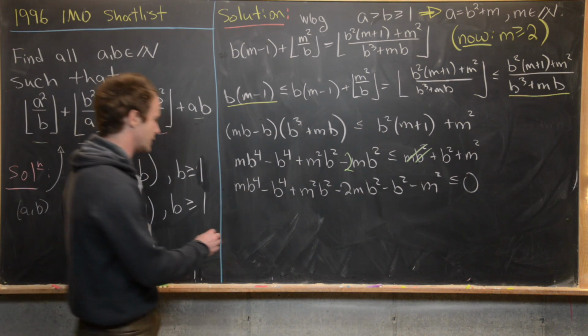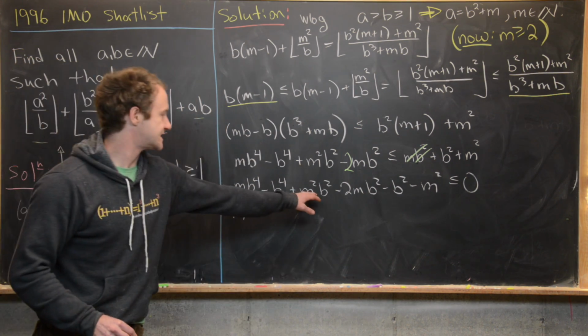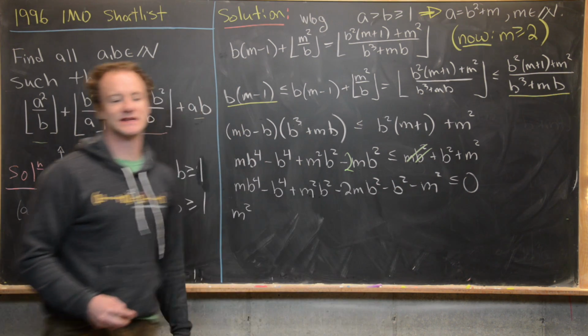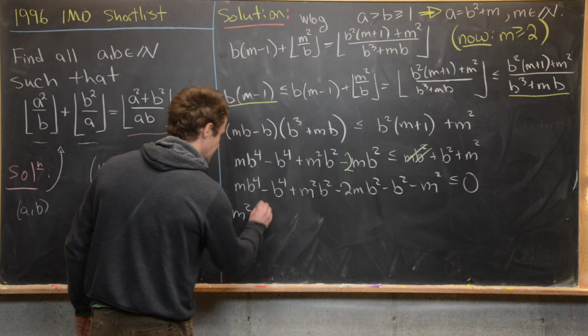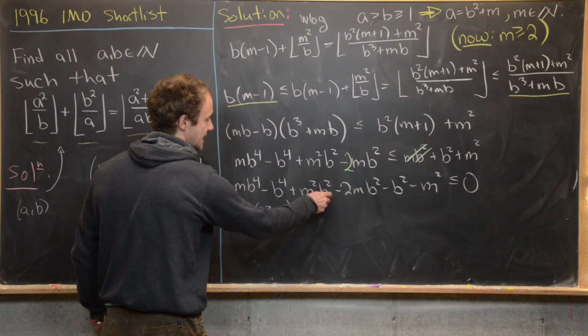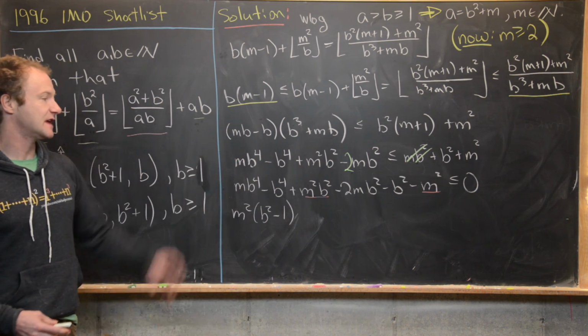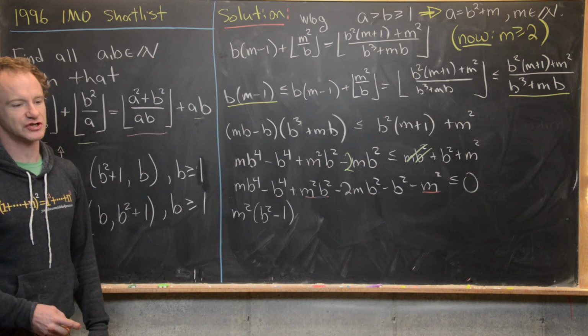So let's maybe notice that we can factor an m squared out of this: m squared times b squared minus m squared. That's going to leave us with b squared minus 1. So we've taken care of this term and this term, and everything else has a b squared attached to it.